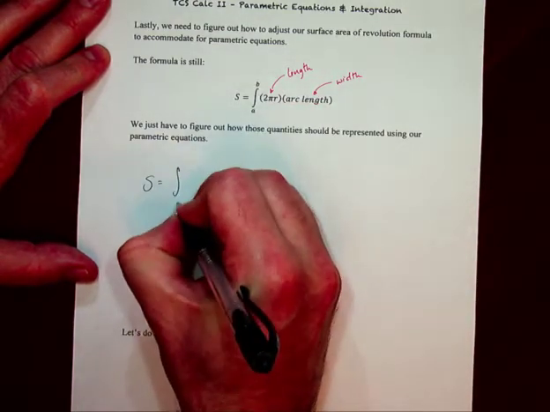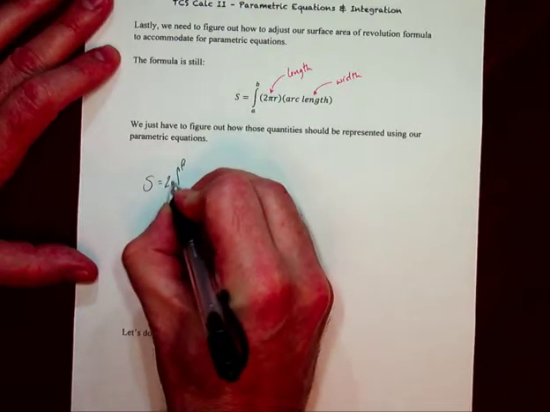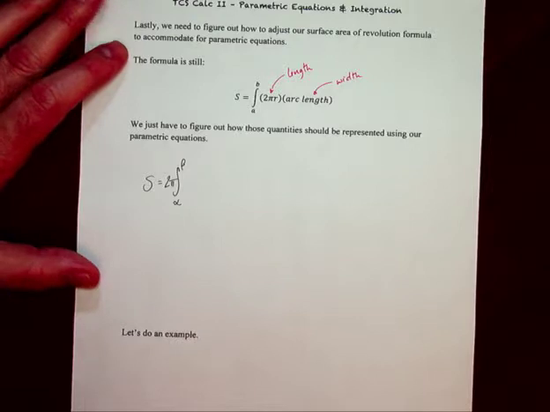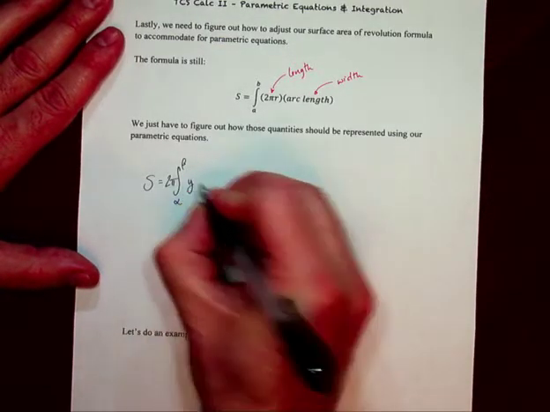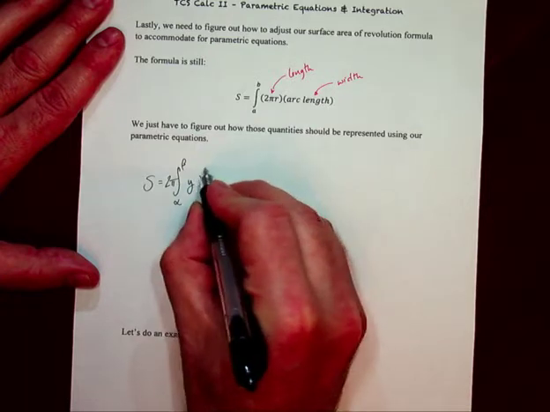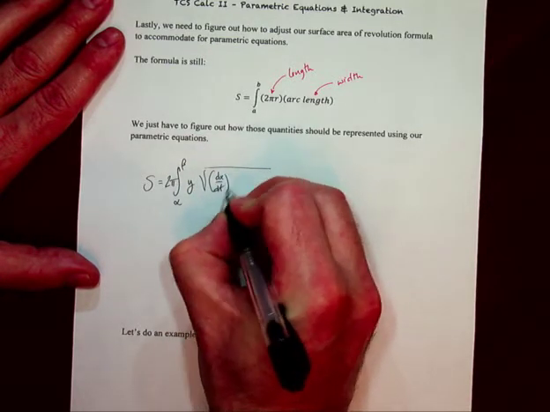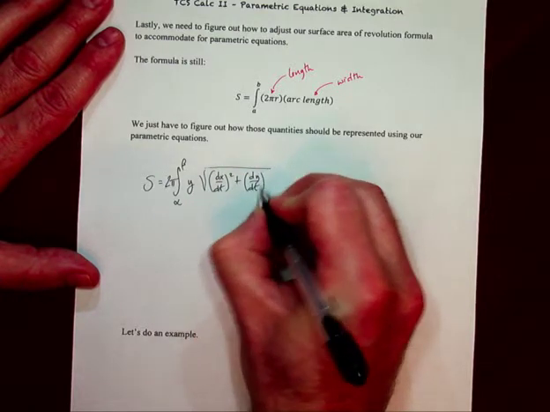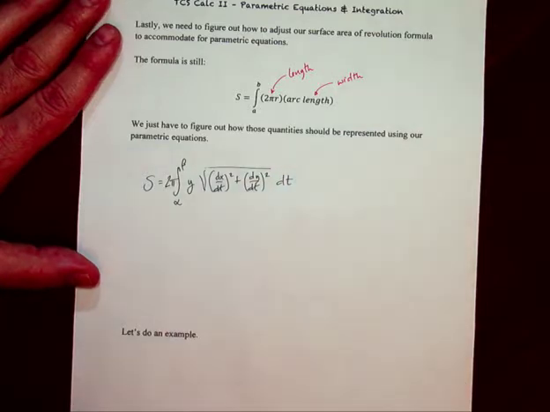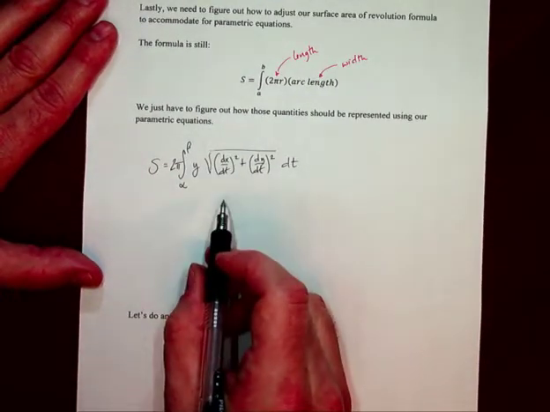And so we have the alpha and the beta. And you know me, I like to pull my 2 pi out in front. Now the r is again going to be y. And then the arc length is just going to be the parametric version of the arc length. And that should, of course, be no surprise. So that's it. I mean, that really is that simple.